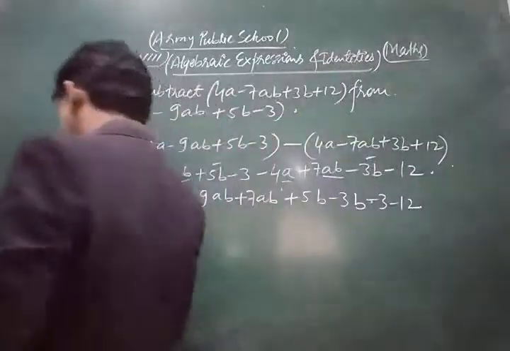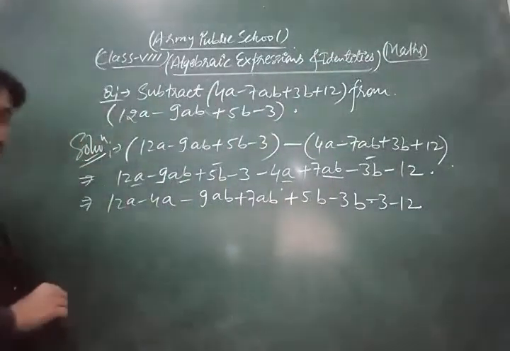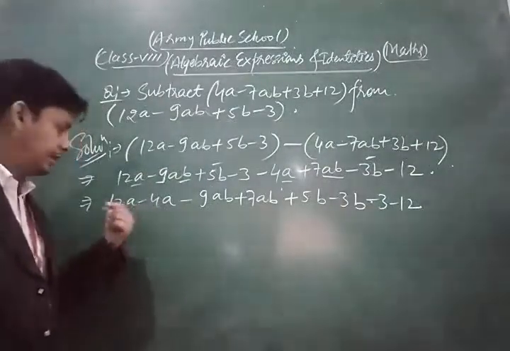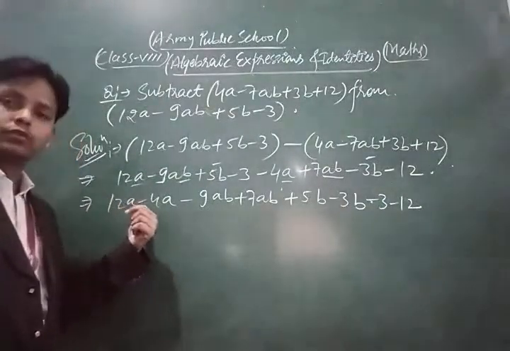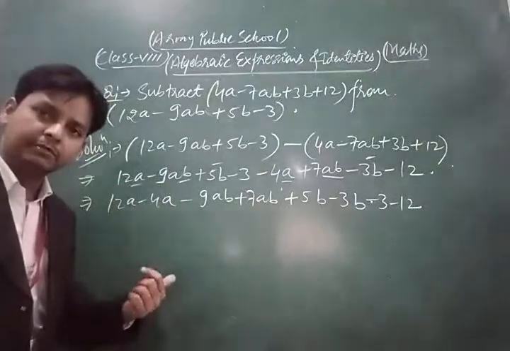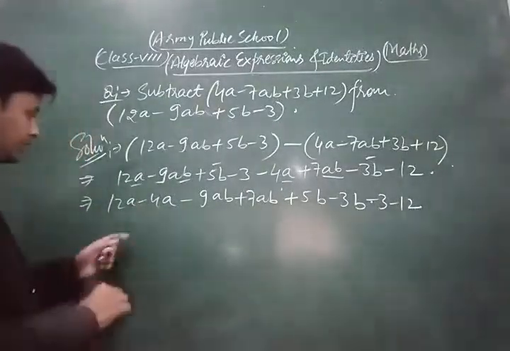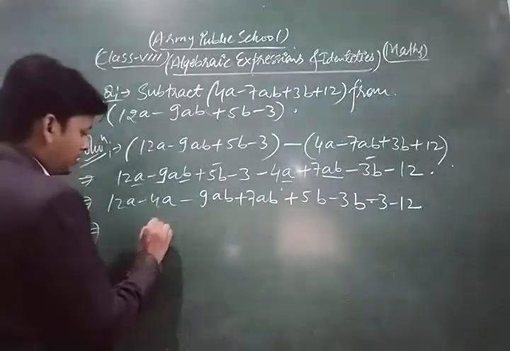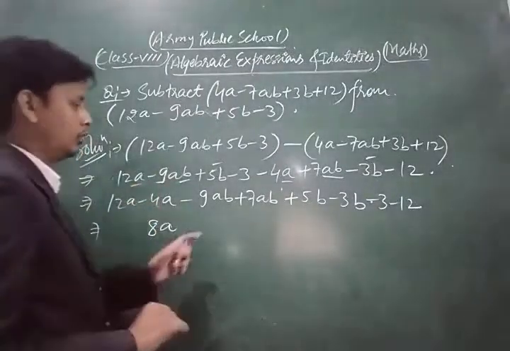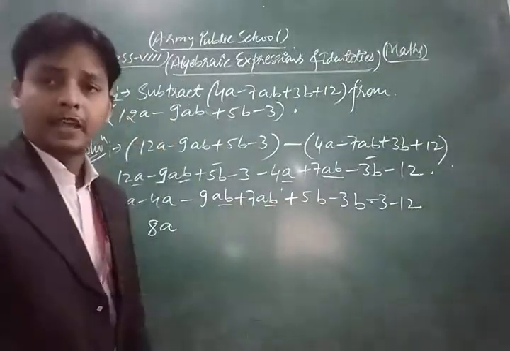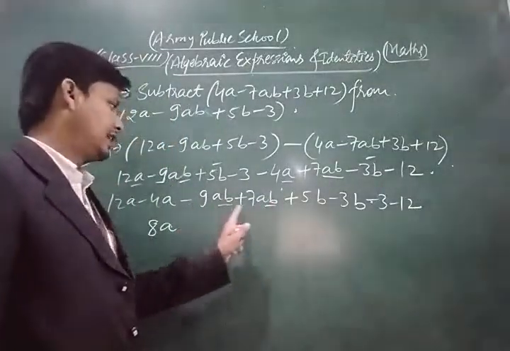Look, dear friends, this is 12a, this is 4a, 12 minus 4. So 12a minus 4a is 8a. Now look, this is ab, these are like terms, and this is minus 9, this is plus 7.